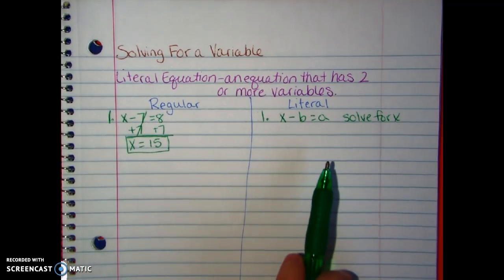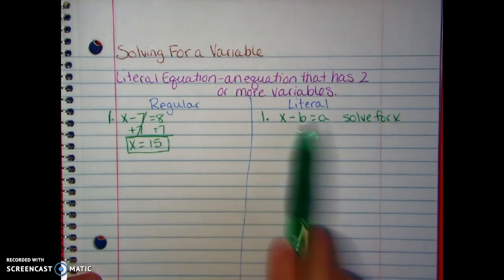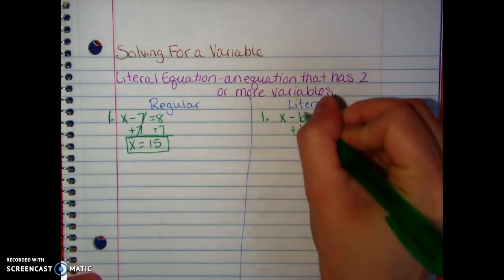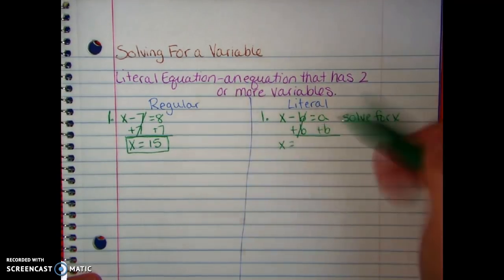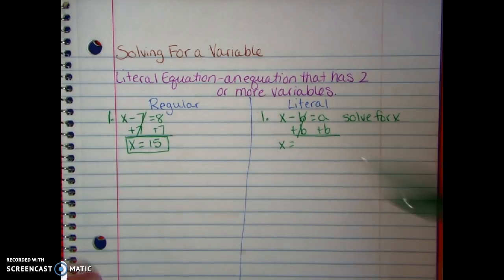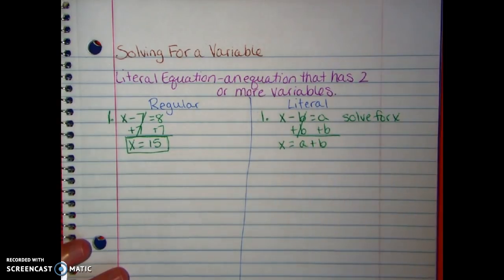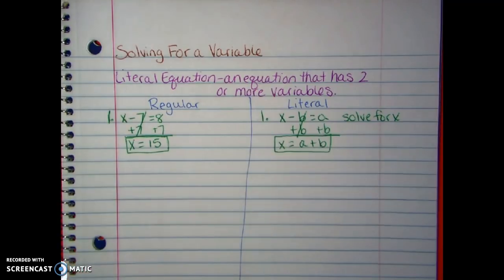It's going to be the same steps. Over here I added 7, here I'm going to add b to both sides. Those cancel out. That leaves me with x equals, and I can't really add a plus b because I don't know their values. So I'm just going to rewrite it as a plus b. And that's all you have to do. I got x by itself, and that's all I needed to do.